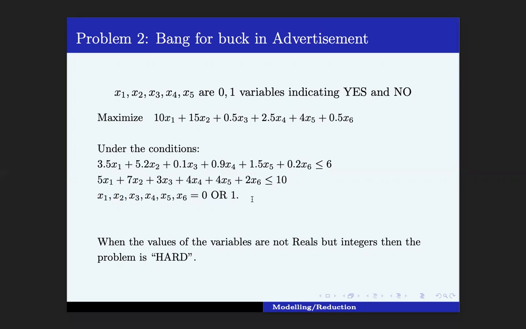Sir, maybe the optimization function we have has such a property that if we were to assume that the xi's are real, then it also gives the right solution. Very good. So that is another thing that happens, right? Maybe I would not write it 0 or 1, I will just write it as between 0 and 1.